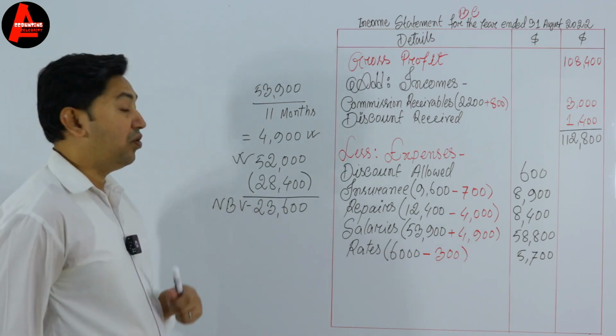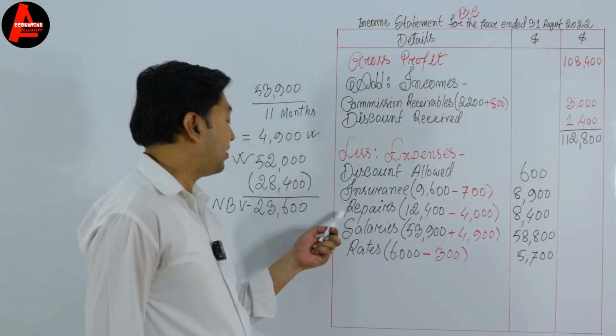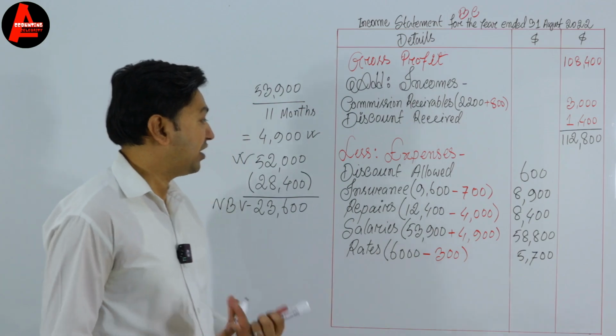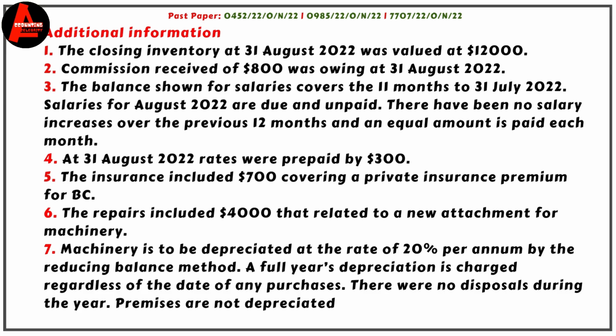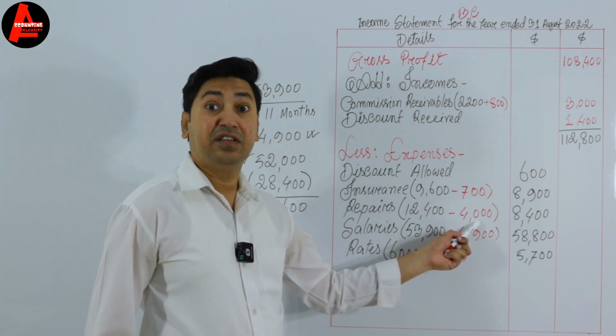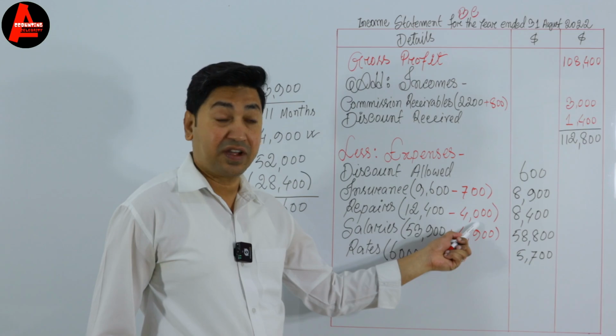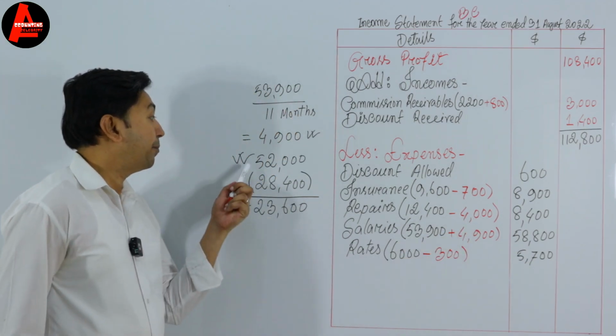Now we have another transaction. In the question, the adjustment was that the repairs included $4,000 that related to a new attachment for machinery. So this amount is not actually related to repairs. This is not actually an expense. This is a capital expense. So this expense will be directly added to the machinery.